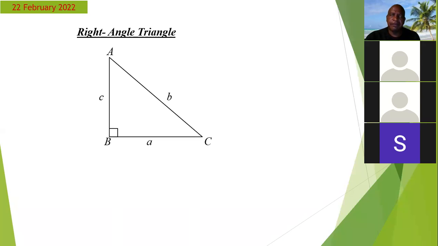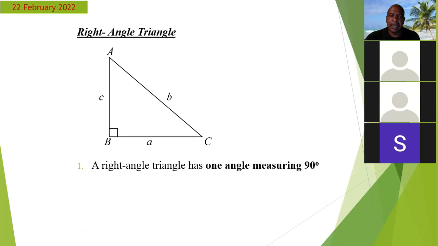All right, so in terms of a right angle triangle, we know we have one angle measuring 90 degrees, but the longest side, we call that side the hypotenuse. All right.